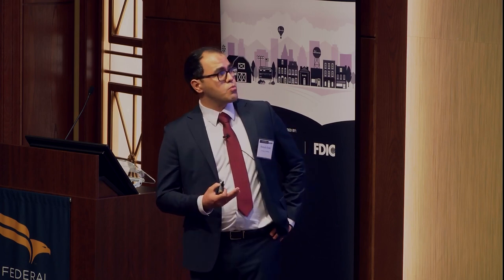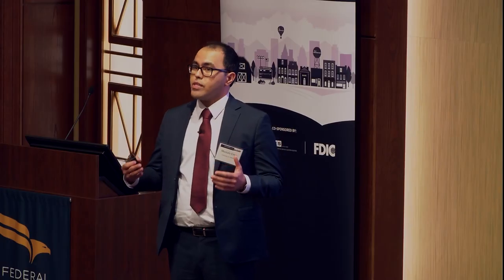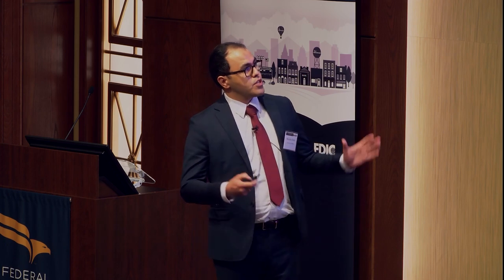What this chart says is that if 2-year Treasury rates increase by 1%, you would expect a 4% decline in bank equity return. A 1% increase in the 2-year Treasury rate over a day is very rare, so take this with a grain of salt. But it suggests that bank equity's duration is positive. When interest rates are increasing, bank equity tends to lose value. This is what the literature says.